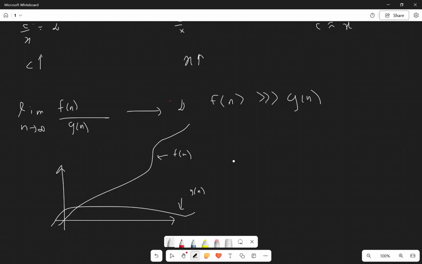Therefore, if this expression simplifies into infinity, I can say fn is big omega of gn. Why? If you take a look at this, gn is a lot smaller than fn, which means gn will always be below fn. That means gn acts as a lower boundary.